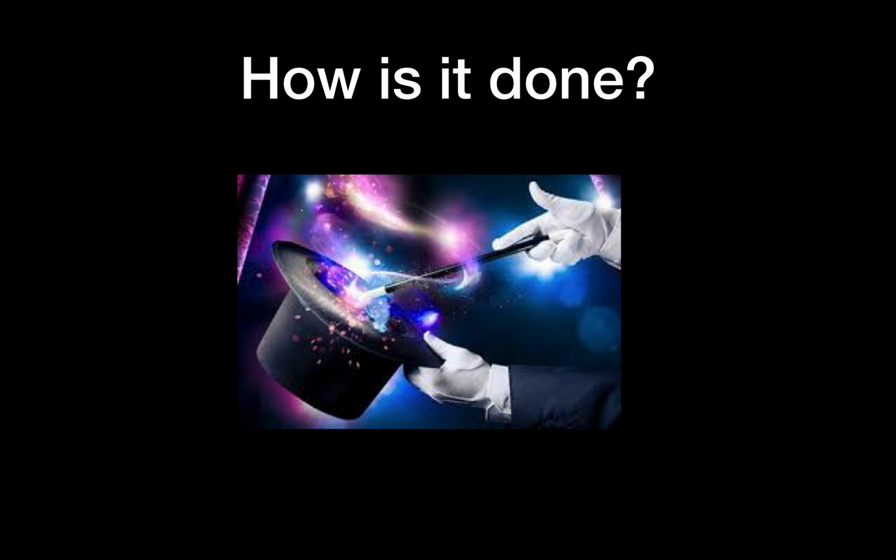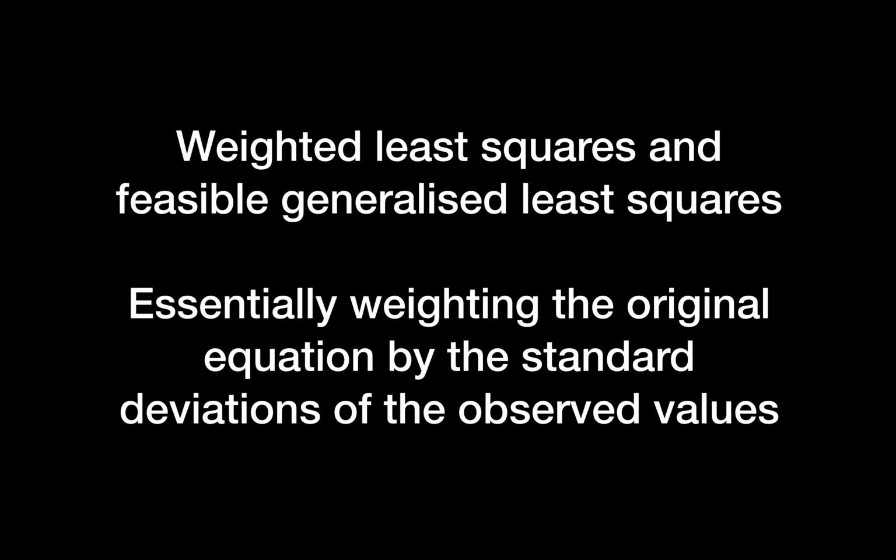But to just give you a brief overview of that magic, there's two main things that people use for generalized least squares, and these are weighted least squares and also feasible generalized least squares. These two methods, from my understanding, essentially weight the original equation by the standard deviations of the observed values.